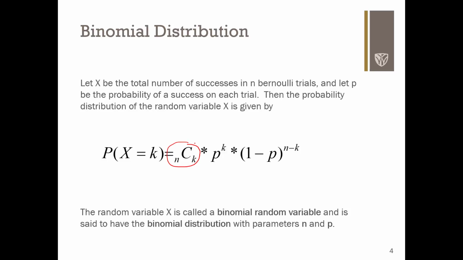So this is often read as n choose k, times the probability of a success raised to the number of successes k, times the probability of a failure, which is 1 minus p, raised to the number of failures that you would achieve. And so you can compute binomial probabilities directly in this way, as long as you know how to compute that binomial coefficient, n choose k.